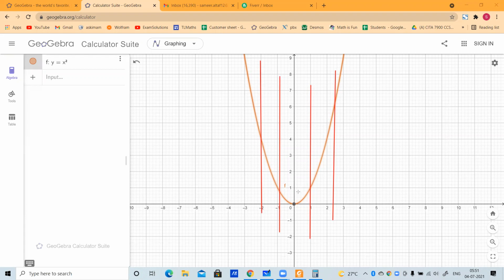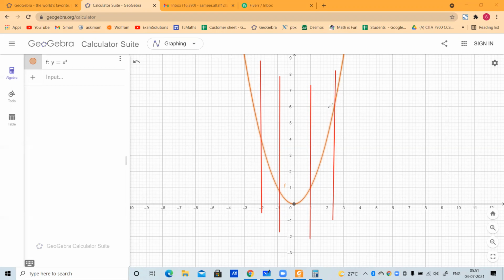No. That means it is a function. As simple as that. Because each input will be having one output. Each x value will be having one y value.